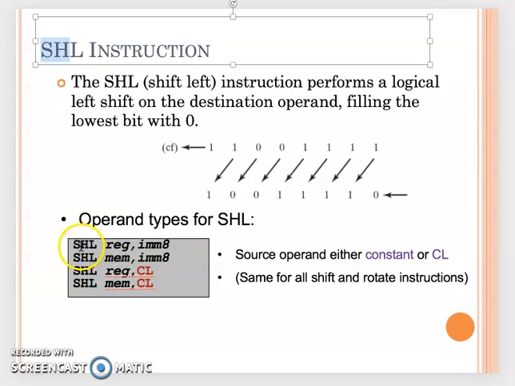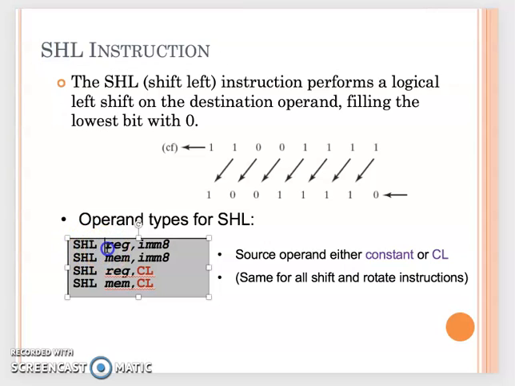So your destination operand can be a register or a memory operand. But how many bits you want to shift needs to be an immediate value. If you really want to use a register, only CL is allowed. At most, we can only do a 1 byte shift of the value.